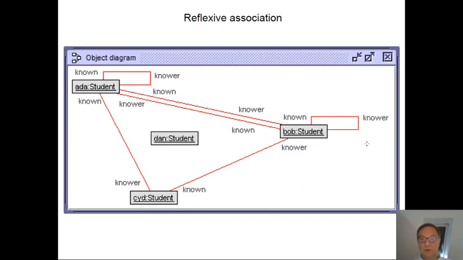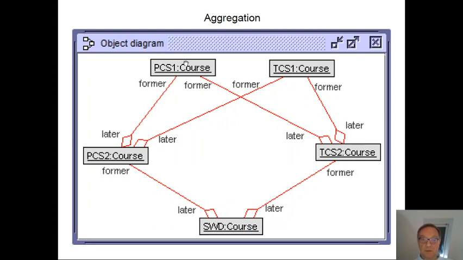Certain objects, for example the Theoretical 1 course, are shared by Practical 2 and Theoretical 2. This sharing of objects is allowed by the white diamond.